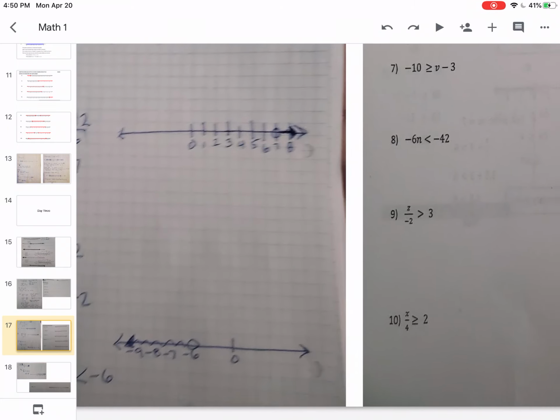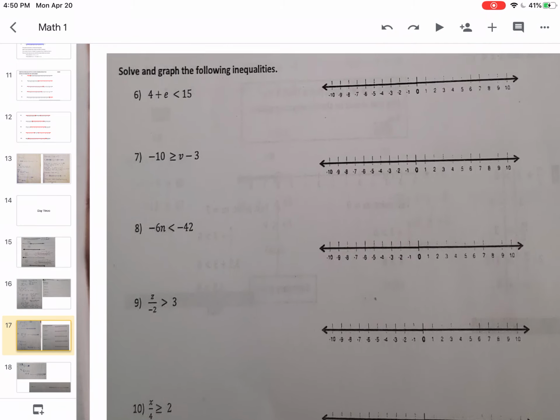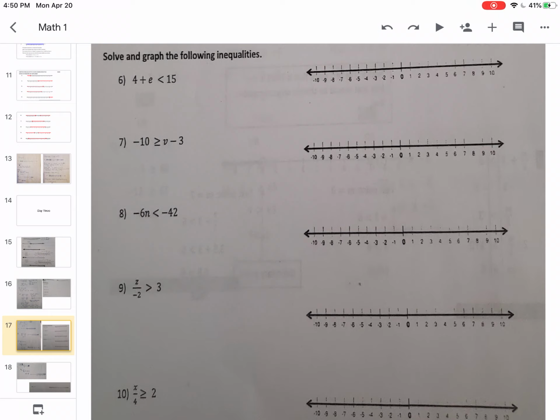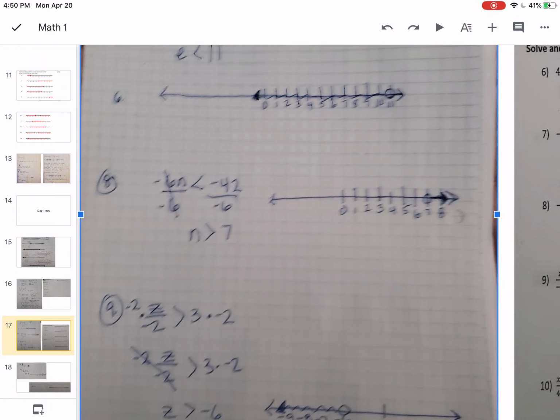Okay, let's look at number 8. So these are the ones where you have to solve them and put it on the number line, okay? So let's look at number 8. Negative 6n is less than negative 42.